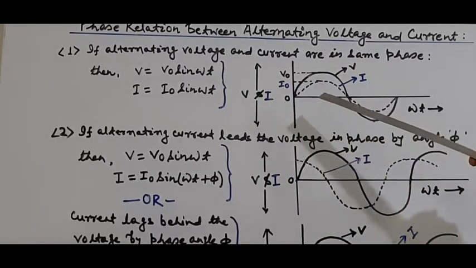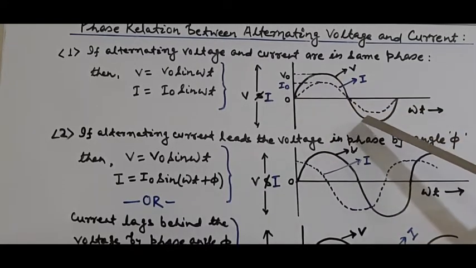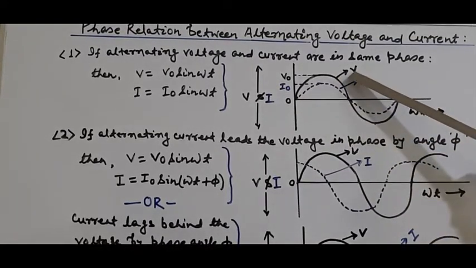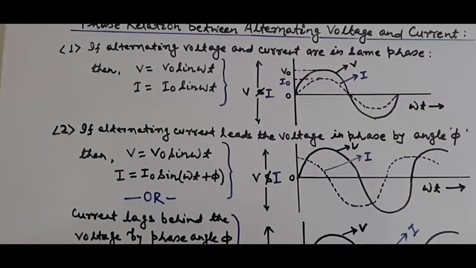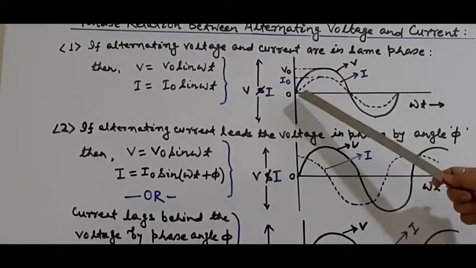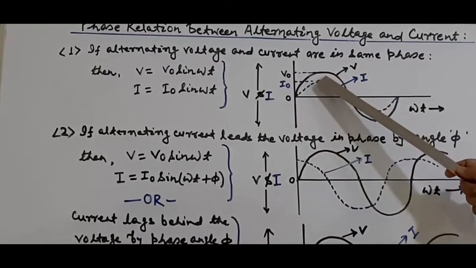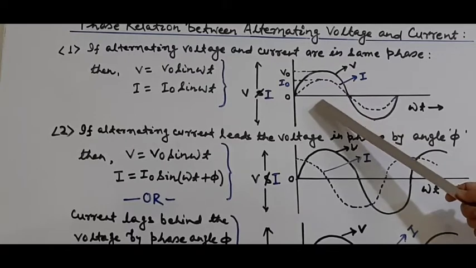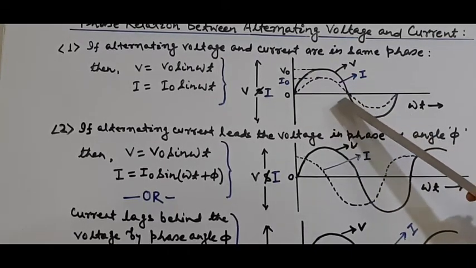Look at this graph. This solid black line gives the voltage, and this broken blue line gives the current. Both voltage and current start from O and both attain their maxima at the same time, T by 4. Both come to the reference line at the same time, T by 2.